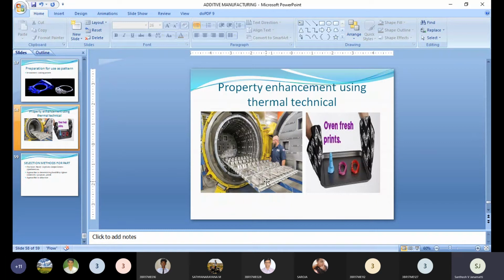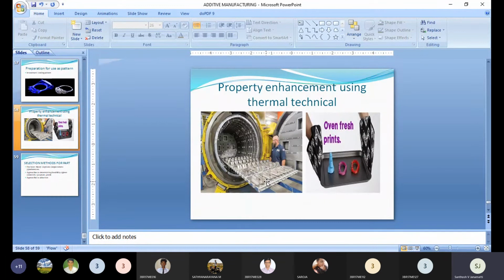Definitely we need to use this thermal technique. Once we process all these components with the thermal technique, the moisture content in the product will be dried out. That is one reason. Second, contaminations from the environment, which cause defects in the material, once we put them into the oven at some elevated temperature, these contaminations will burn out.